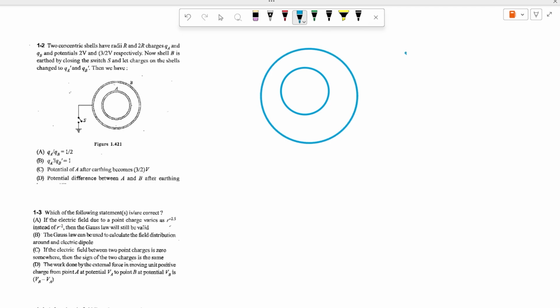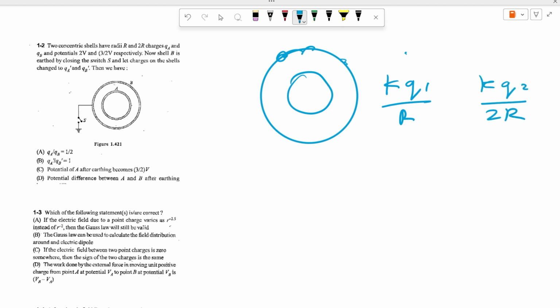Okay, so we have been given the potentials, right? So what we can do is kQ1 by R is the potential on this surface due to the charges present on this surface itself, right? Then the potential on it due to the other shell, the other surface, is going to be kQ2 by 2R.